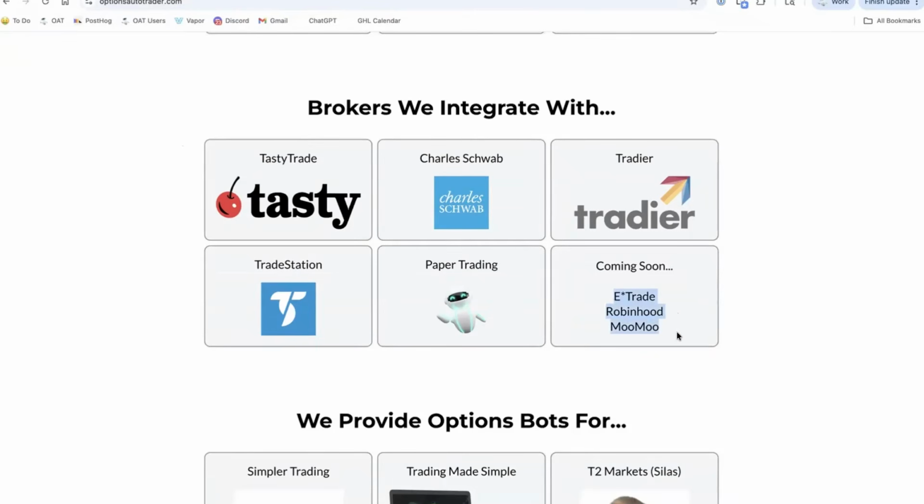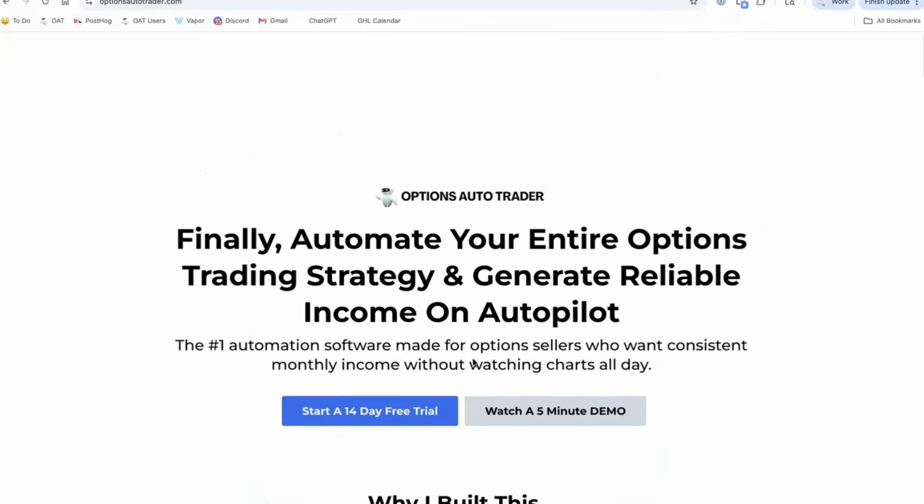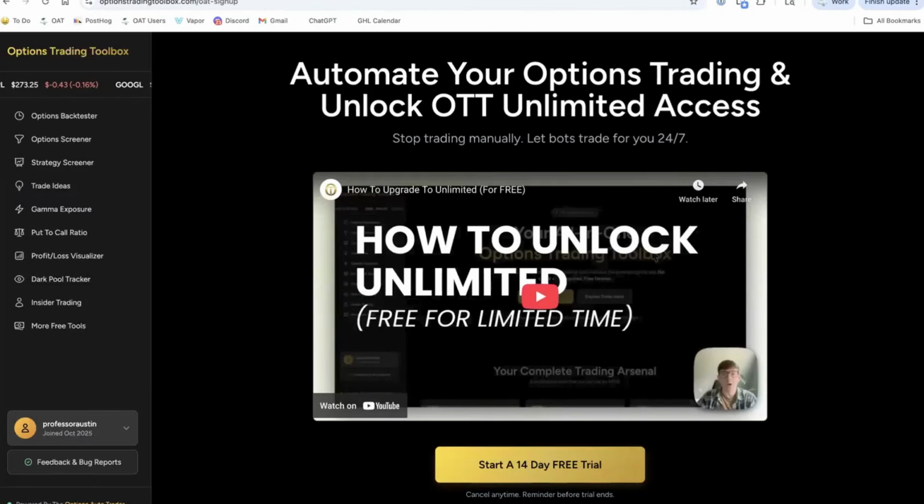Here are the brokers I am approved to integrate with and will be integrating soon, starting with E-Trade, then Robinhood, then Moomoo for international people. We also provide the options bots for simpler trading, Trading Made Simple, T2 Markets, Futures Fanatic, Options with Davis, and more. We've been around for 2 years and doing a lot of great things. I have an email coming out soon about everything that we've accomplished, the number of bots made this year, profits made this year. It's truly astounding.